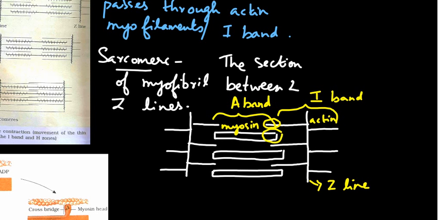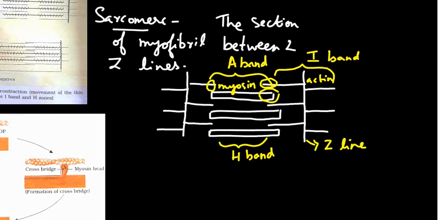So complete overlapping will not take place. There is a space between two actin filaments that are not overlapped on the myosin. That particular area is called the H band. So the H band is the part of the myosin filaments where the actin filaments are not overlapping.